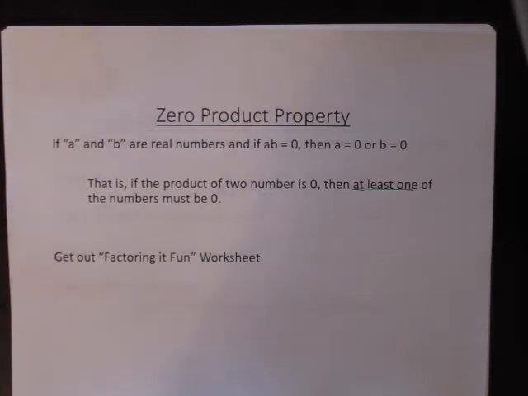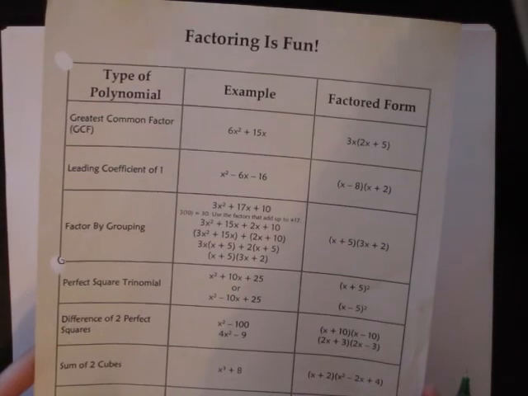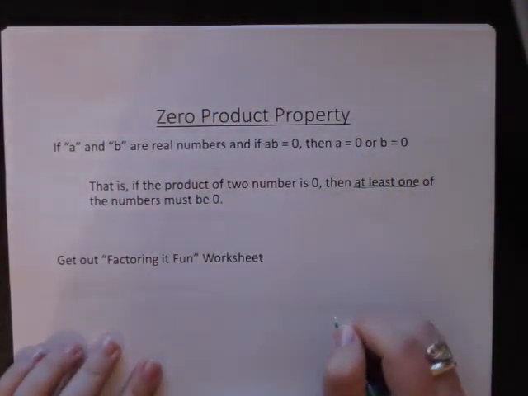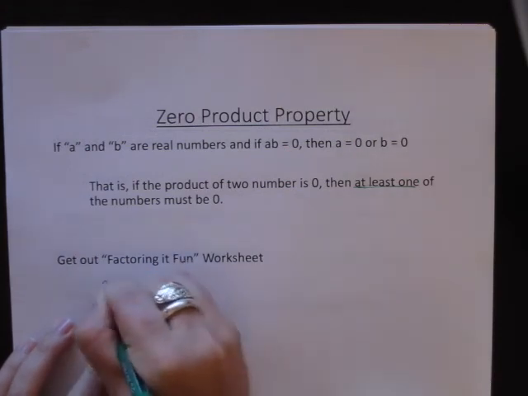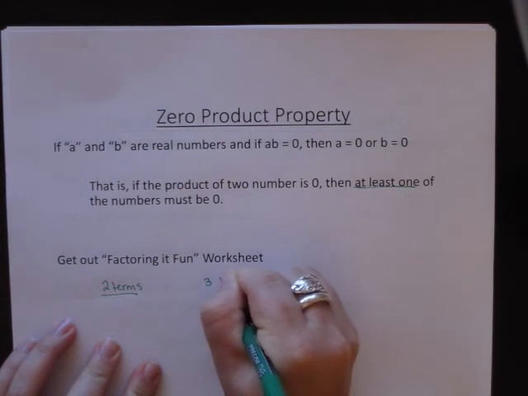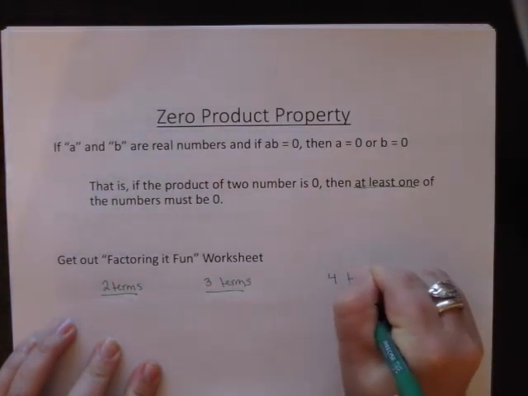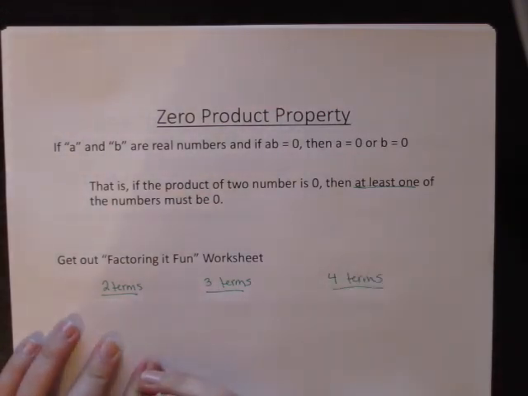So the Factoring is Fun worksheet, I gave this to you in the previous class. It kind of looks like this. We're just going to go over a couple things really quickly. If I have 2 terms, if I have 3 terms, and if I have 4 terms, from that worksheet I want us to be able to identify.